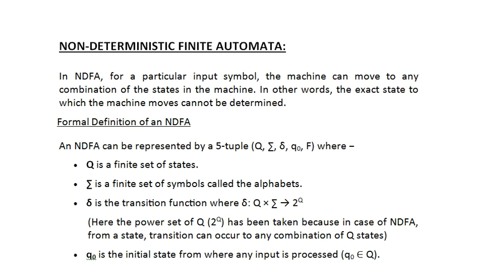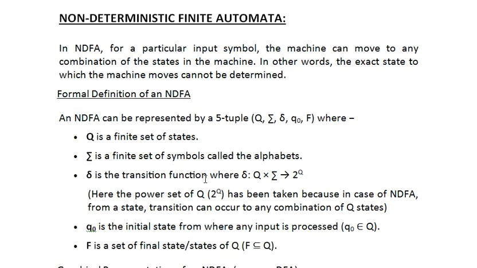Now, if I talk about the formal description of NFA, same as DFA, it has 5 tuples, as you know. The 5 tuples are Q, sigma, delta, Q naught and F. Q comprises the finite number of states, sigma comprises the finite set of input symbols called the alphabet, and delta is the transition function.